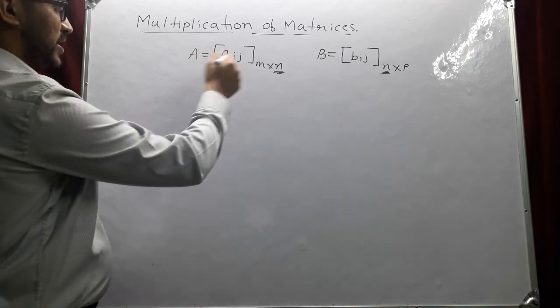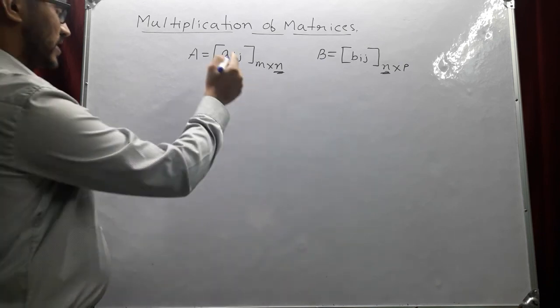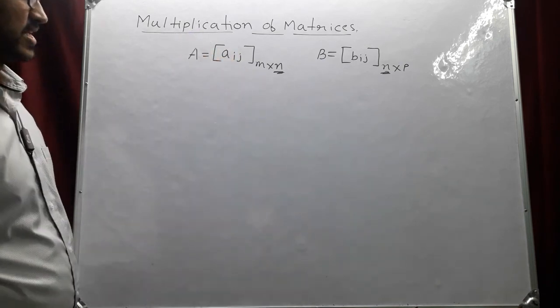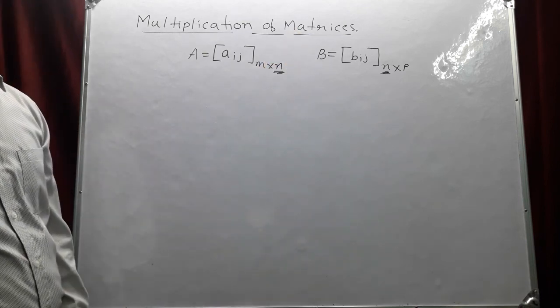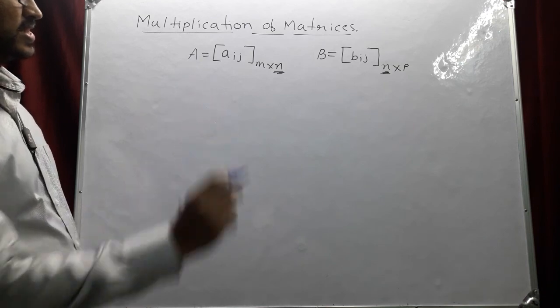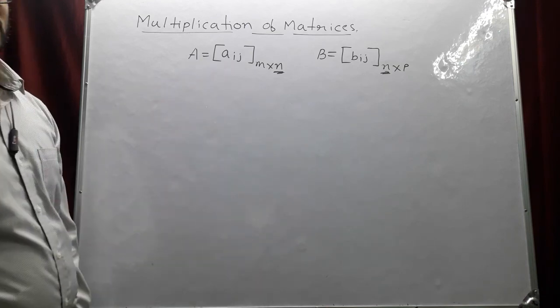Then how to multiply the matrices A and B? We have to take the rows of the first matrix A and the columns of the matrix B, multiply them element wise, and take the sum.